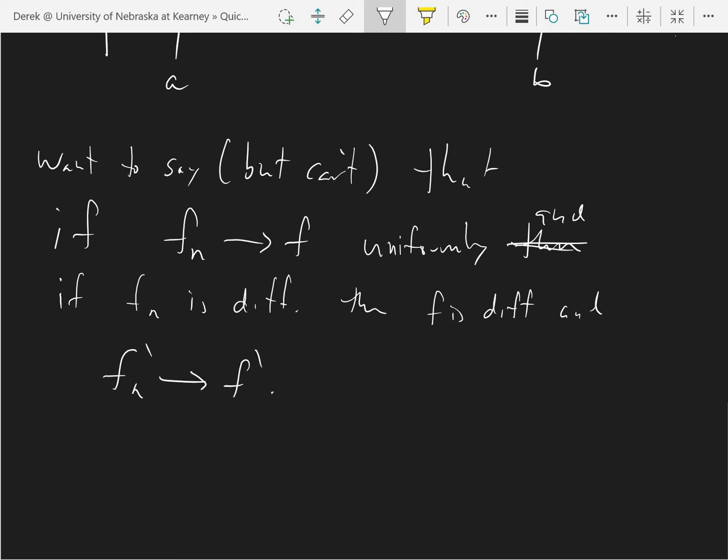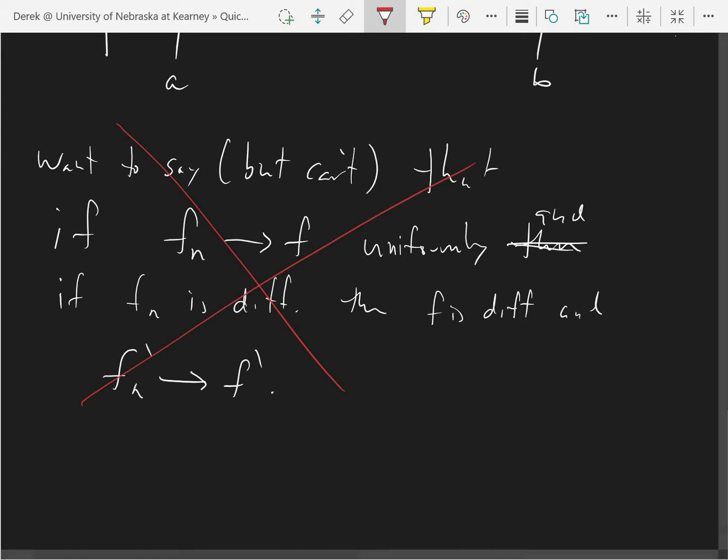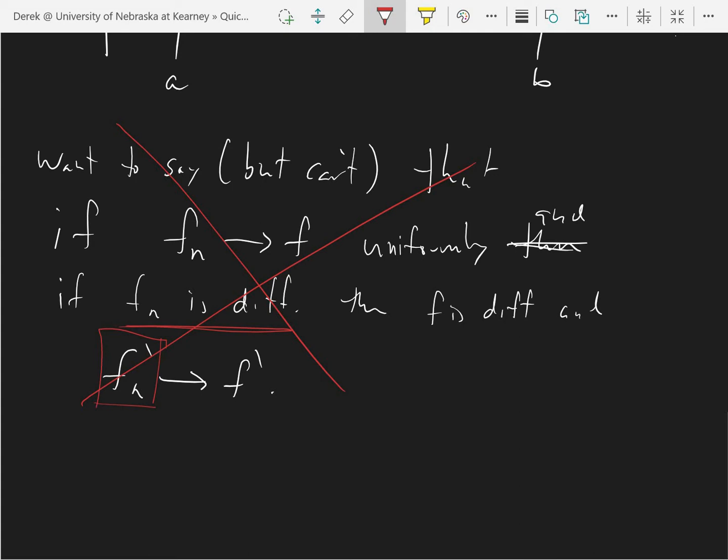But this is not a true statement. We have zero control over how big these f sub n primes are. Even if we know that they're differentiable, we have zero control over how big or how small that derivative would be. That's the problem.